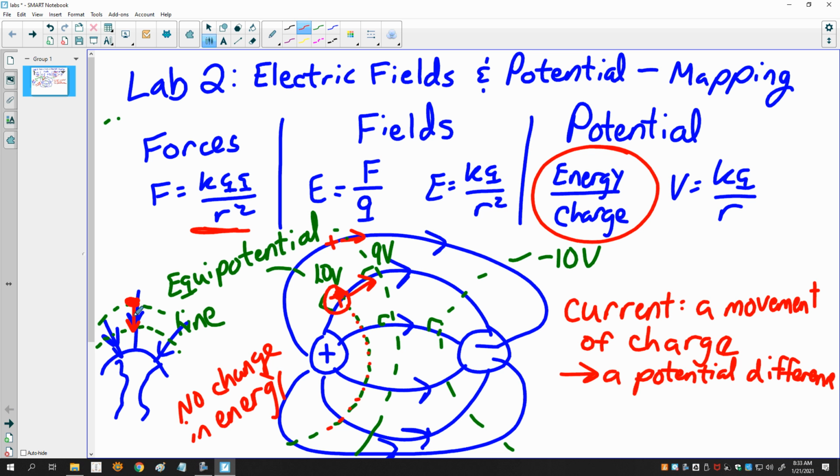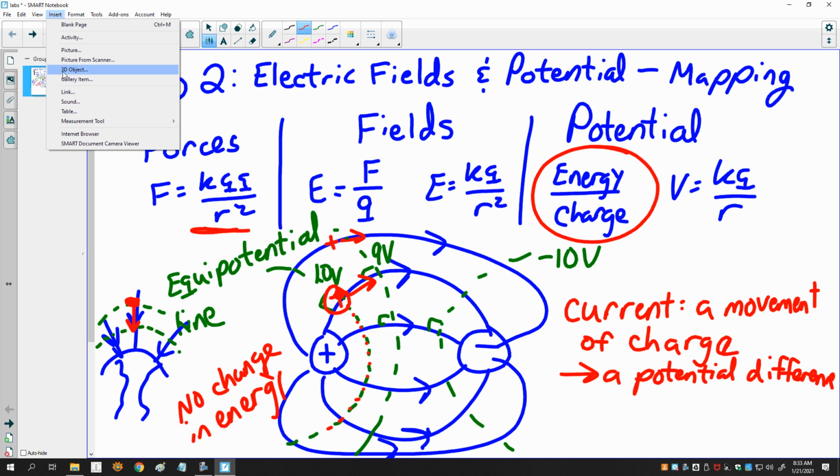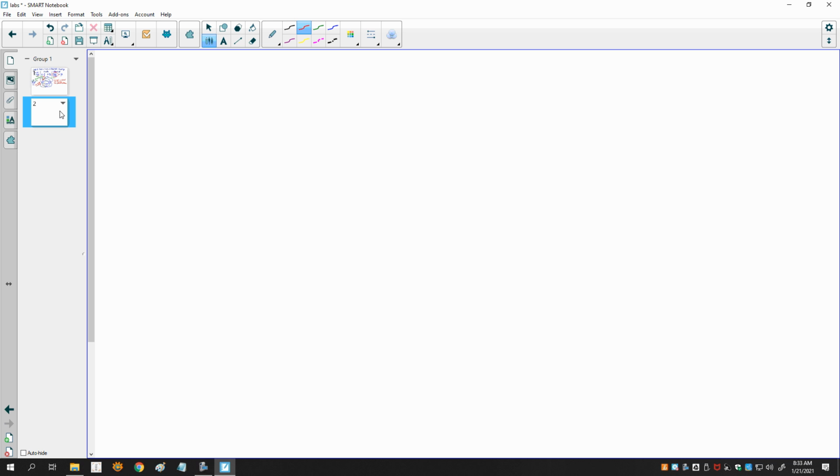All right, so a potential difference is needed for a current to flow. And a test charge in an electric field can move anywhere along the equipotential line without doing any work. There is another topic in this, really an instrument that we will see when we do the procedure part, and that's called a galvanometer.